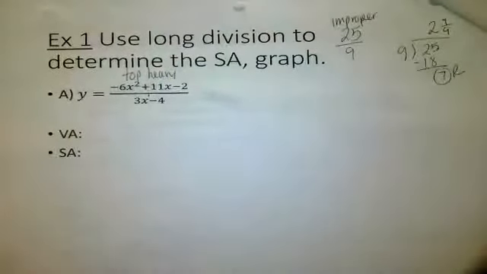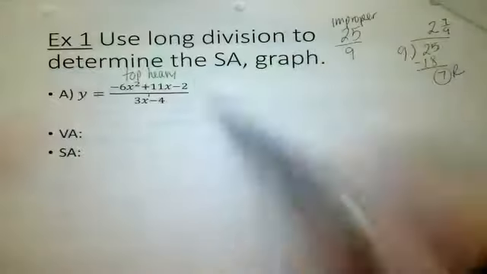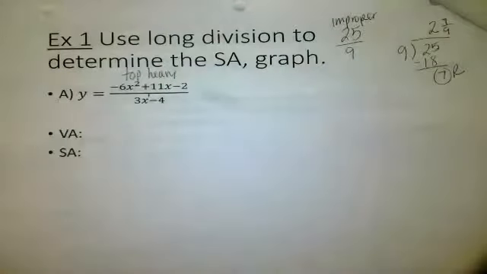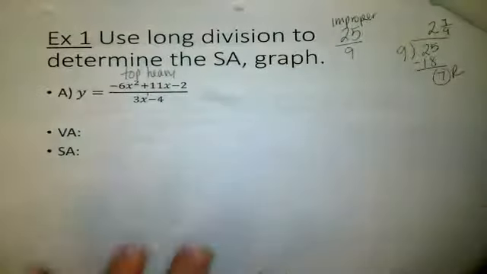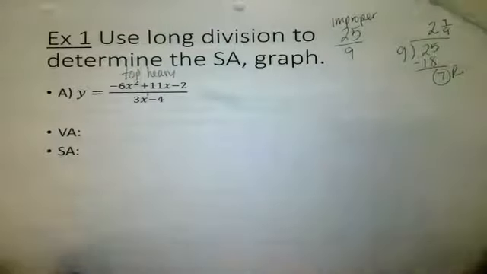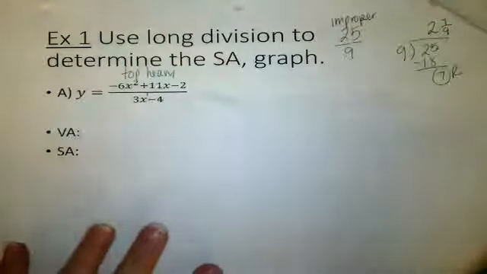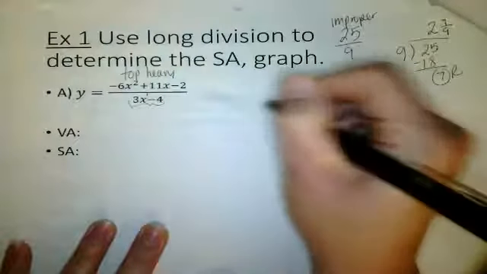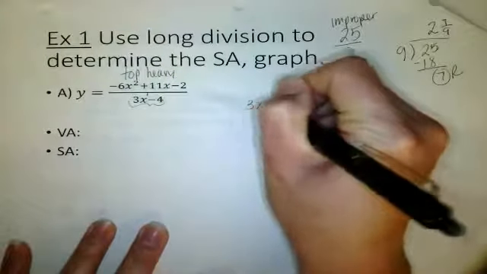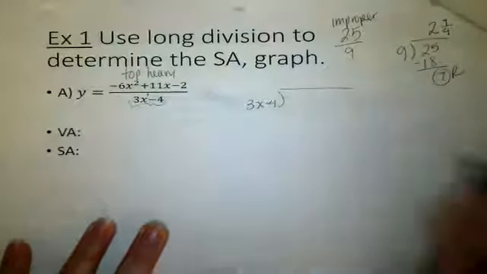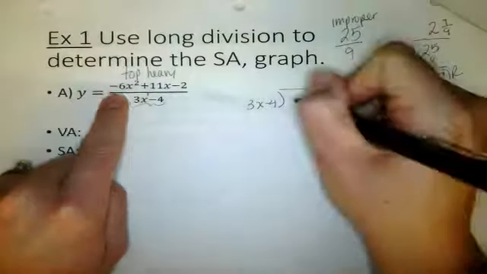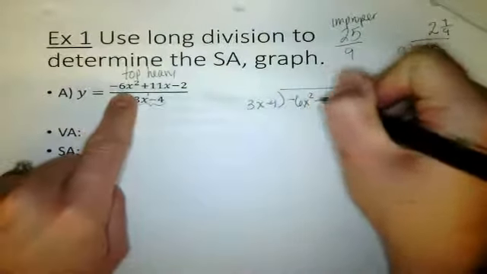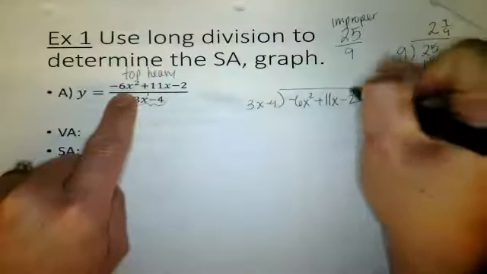Okay. So what we have here is actually an improper fraction. It's the exact same idea. And because it's an improper fraction, we are going to do some long division. Where to put it? I'm just going to do it right here. So our divisor is 3x minus 4. So 3x minus 4. And we're dividing into negative 6x squared plus 11x minus 2.